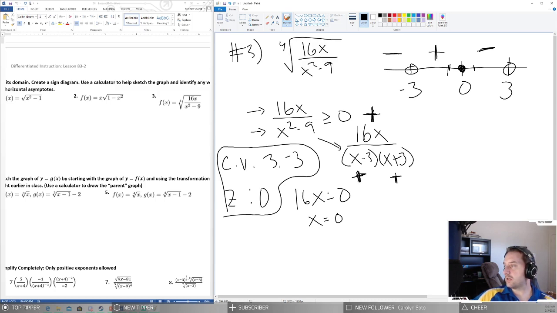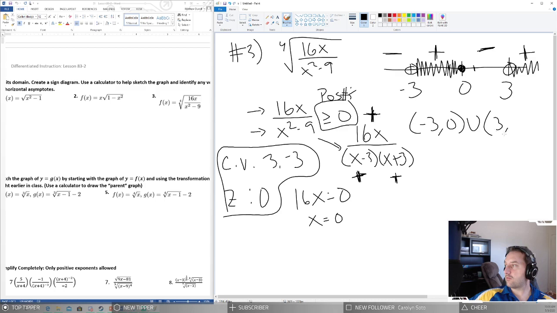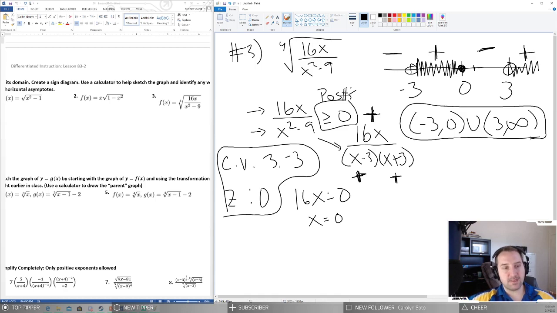And then 4 plus 3 is a positive. So the positive regions are my solution because it's looking for values greater than or equal to 0. Values that are greater than or equal to 0 are positive numbers. So that's going to be from -3 to 0, union from 3 to infinity. And that's going to be my answer.